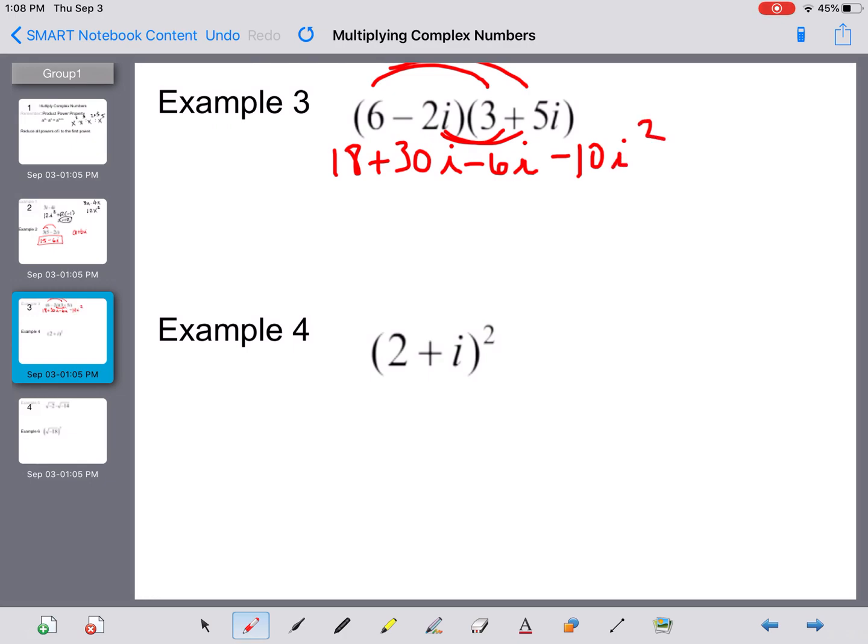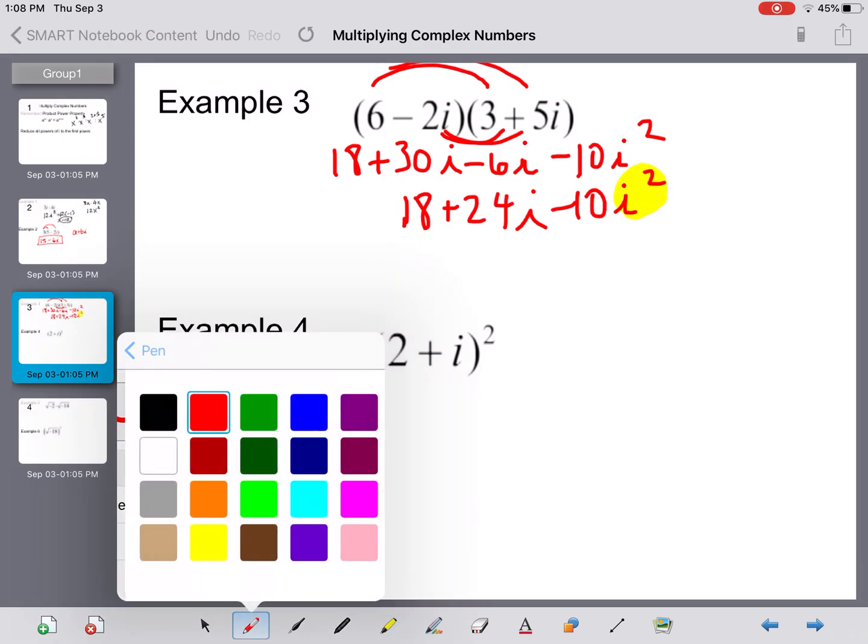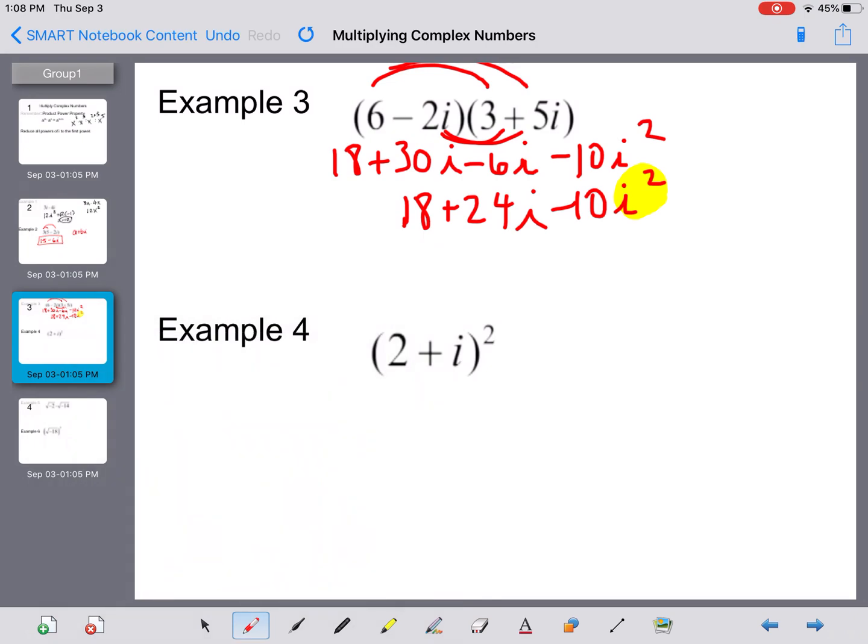Now you have to be careful, and I would always combine like terms first. So we're going to say 18 plus 24i minus 10i squared. Now we need to remember that we can't leave this i squared, and as we talked about before, we should know that that's going to be negative 1.